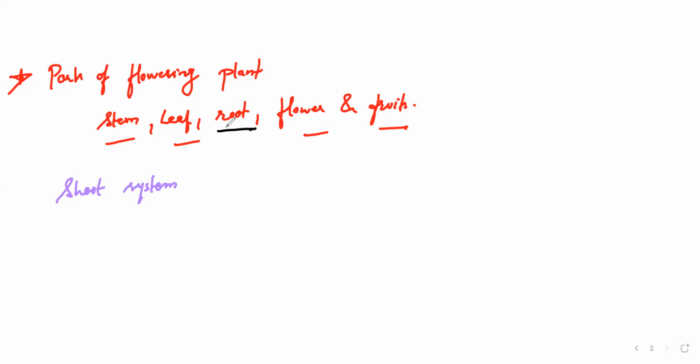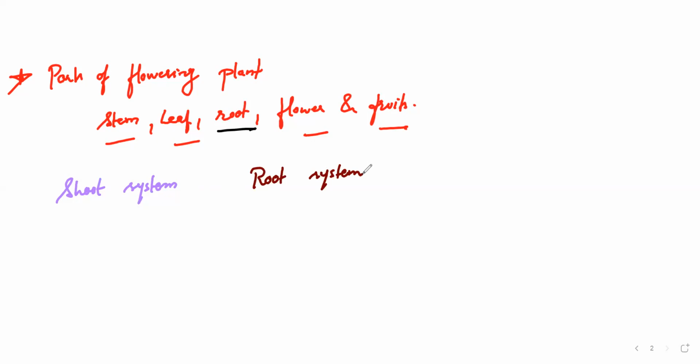Whereas the root will come under the root system. So these are basically nothing but root and shoot, which gives rise to the roots and the other which gives rise to the entire plant above the ground.